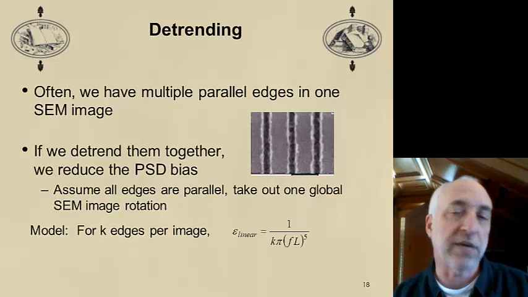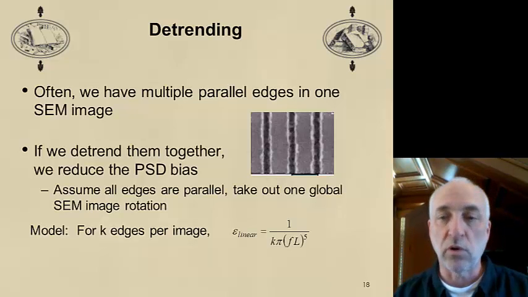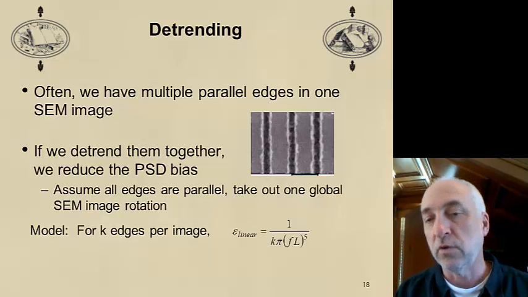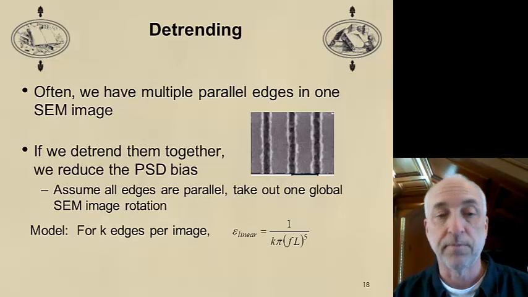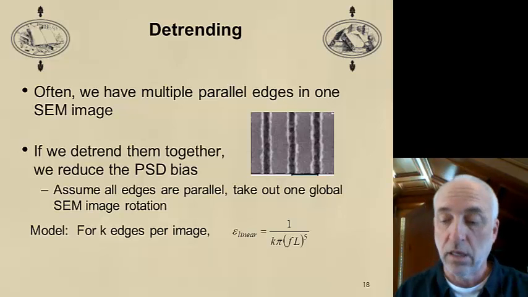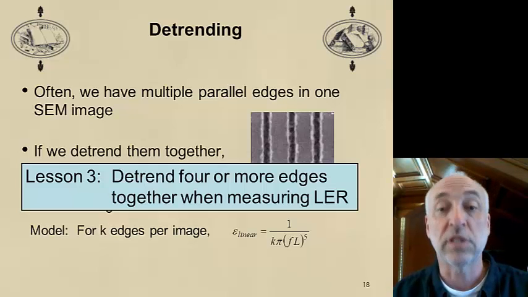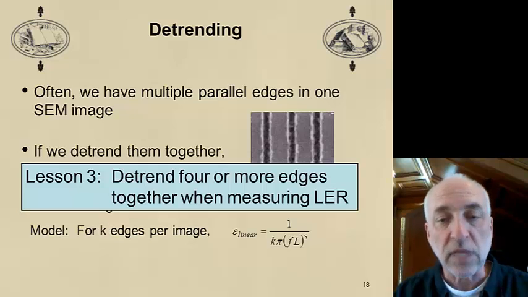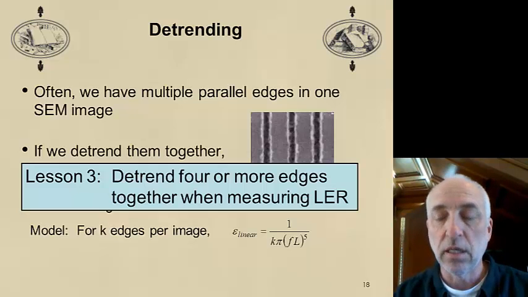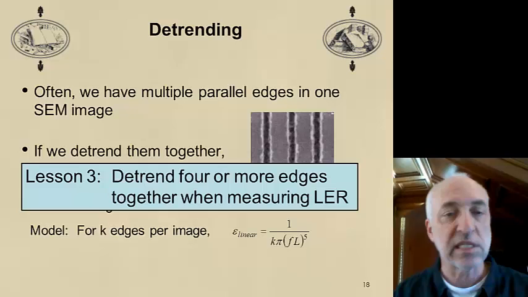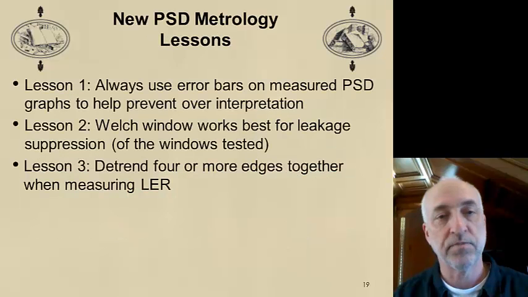I'd have to average together 200 SEMs or more to be sensitive to a 5% error. So, our lesson here: detrend 4 or more edges, or 6 even better, together when measuring the LER to eliminate this detrending systematic error at the lowest frequencies.